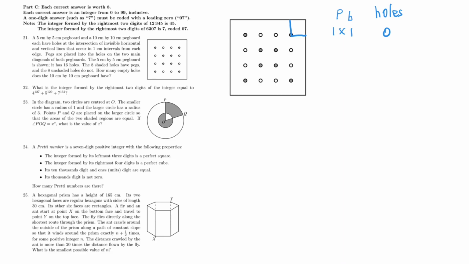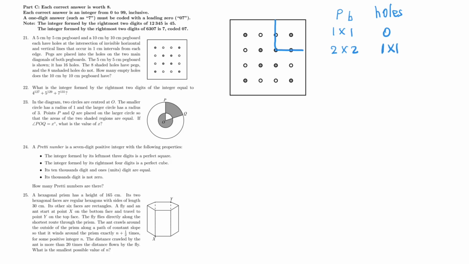If it is 2 by 2, the 2 by 2 pegboard is this. Side length is 2. Only 1 hole, so 1 by 1.